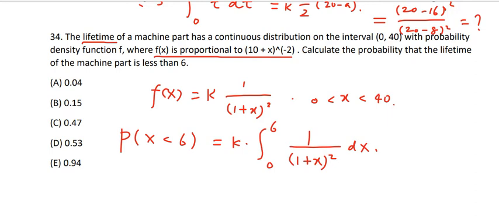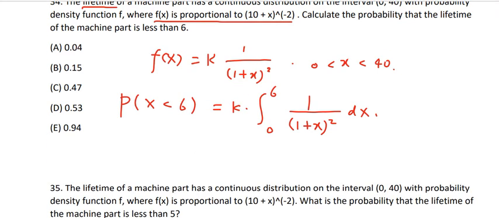And k is the integration from 0 to 40, right? So we just need to find this. In general, we just find this from 0 to a of 1 over (1 plus x) squared dx.